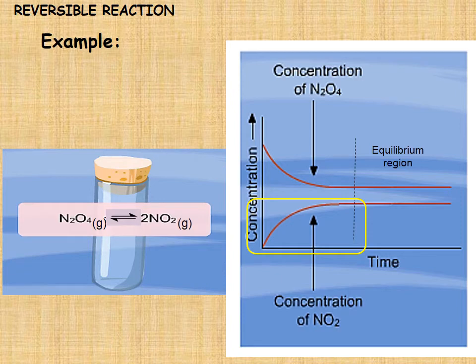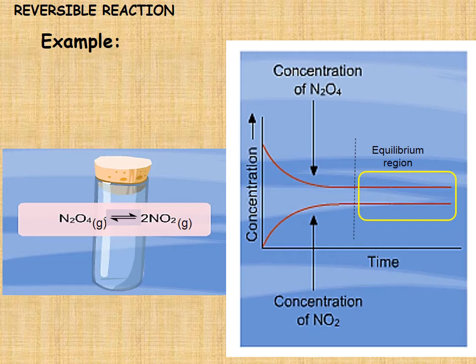Some of the nitrogen dioxide can then combine to form dinitrogen tetroxide until an equilibrium is reached. At equilibrium, the concentrations of nitrogen dioxide and dinitrogen tetroxide remain constant.